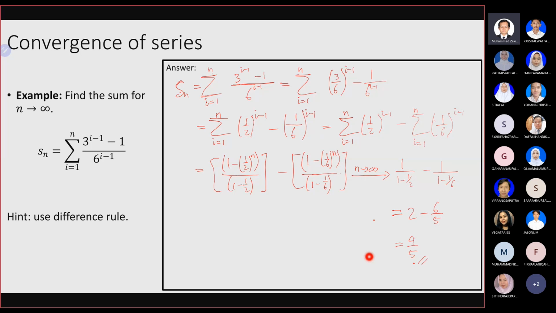Jadi di sini prosesnya adalah kita punya deretnya ini, kemudian kita pecah ya, pecahannya. Jadi 3 pangkat I min 1 dibagi 6 pangkat I min 1, yaitu 3 per 6 pangkat I min 1, dikurangi dengan 1 per 6 pangkat I min 1 ya. 1 dipangkatkan I min 1 tetap 1 kan ya, makanya kita bisa masukkan jadi 1 ini di sini.